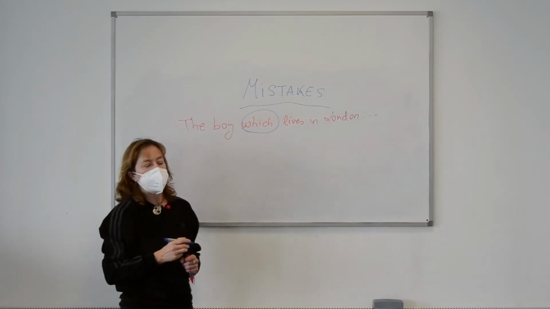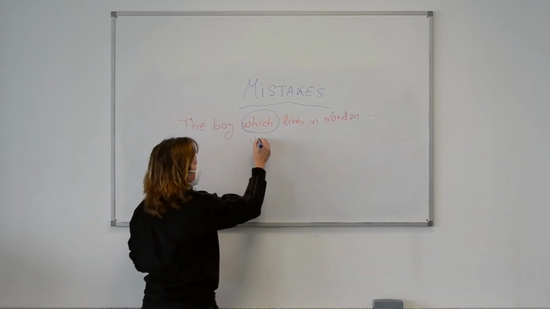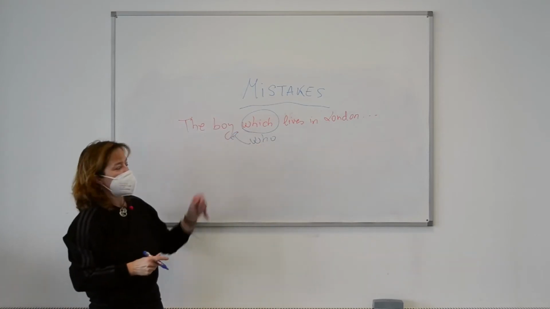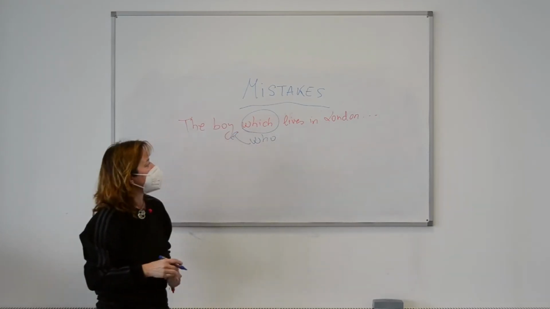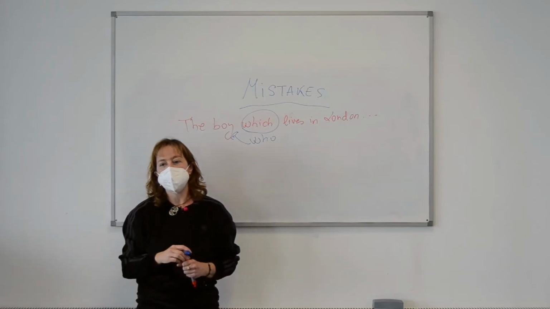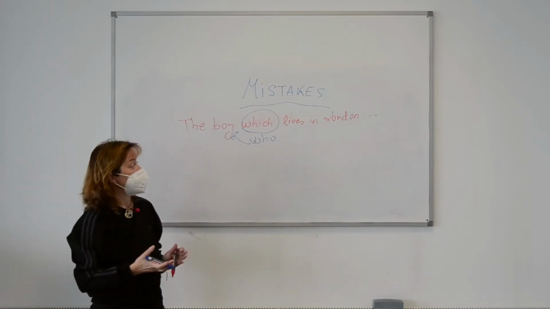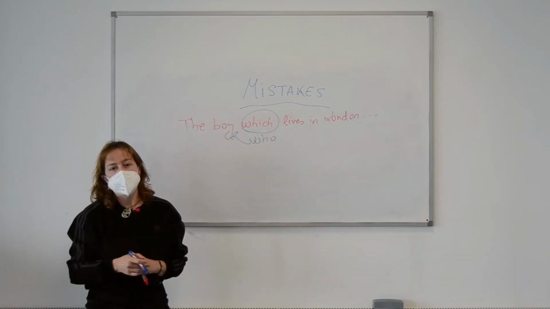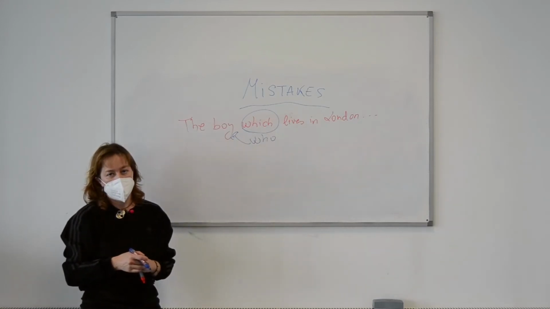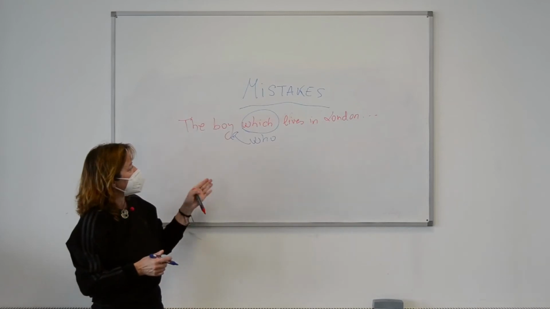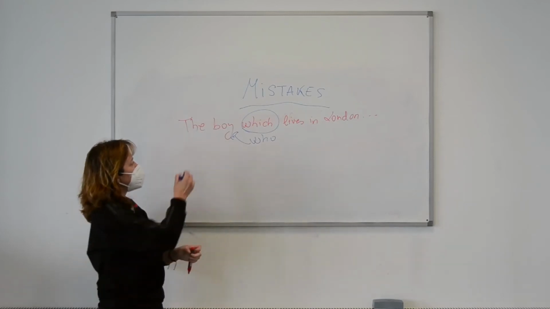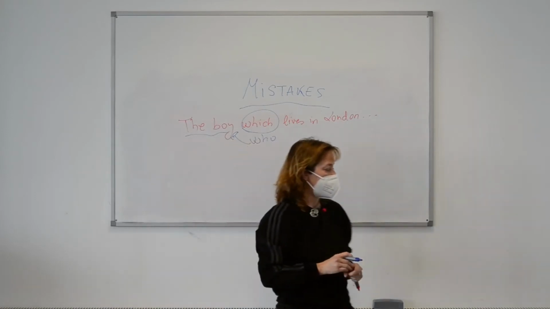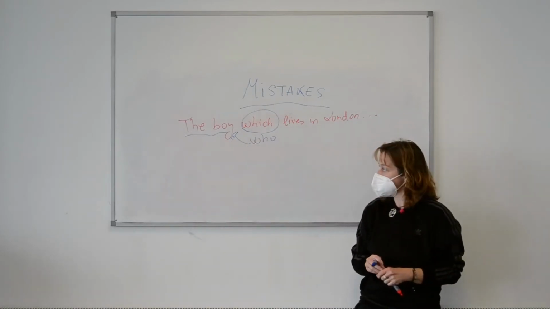The relative pronoun that we should use is who, because we refer to a person. Which is only used when we refer to things. It's possible to use that in both cases, but if we put which, it's completely false, right? The relative pronoun used to refer to people in general is who, okay?